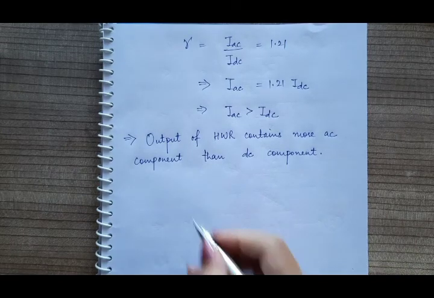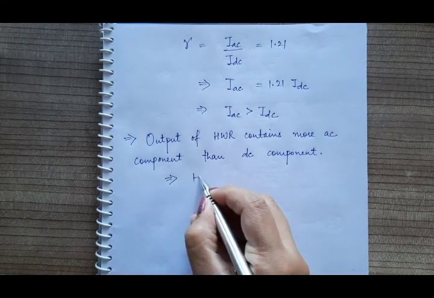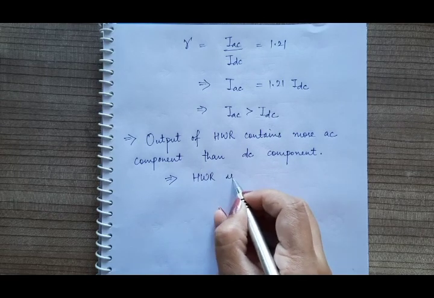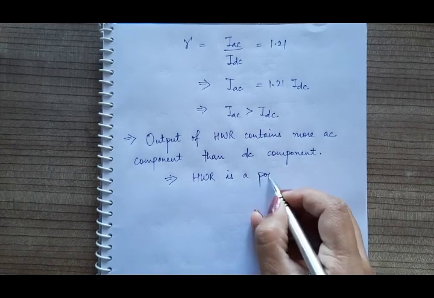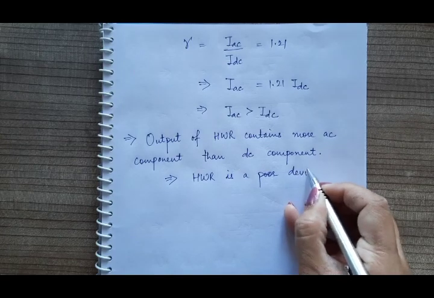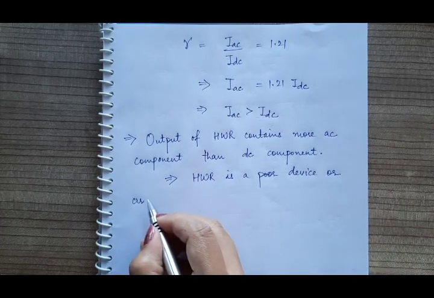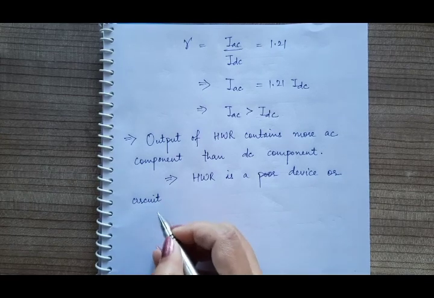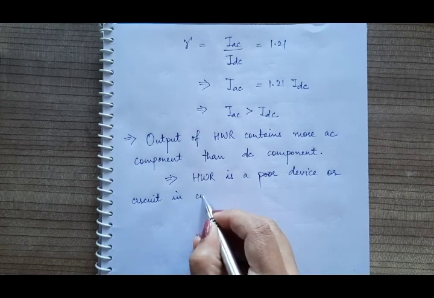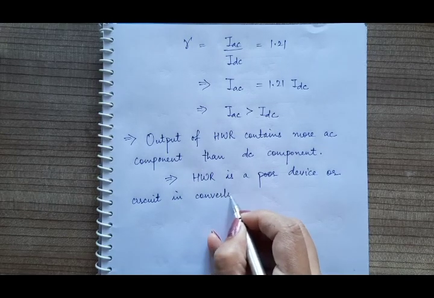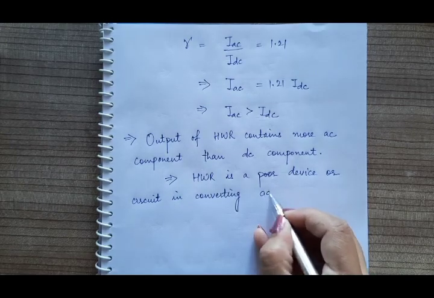So this implies half wave rectifier is a poor device or circuit in converting AC into DC.